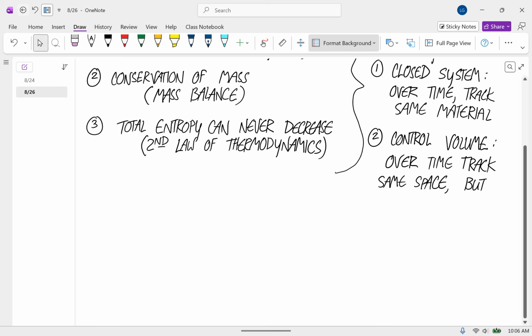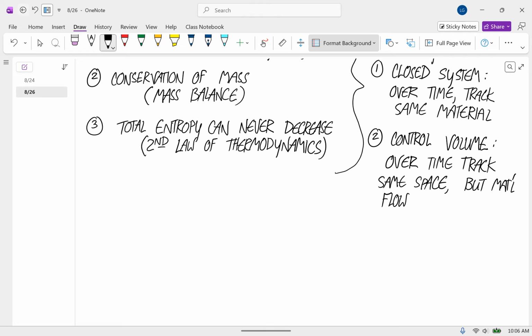So let's say that material flows in and out of this space.